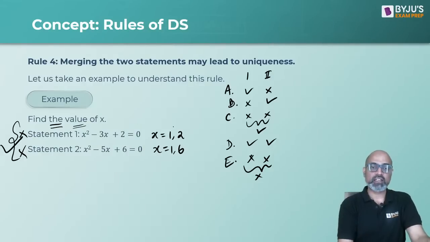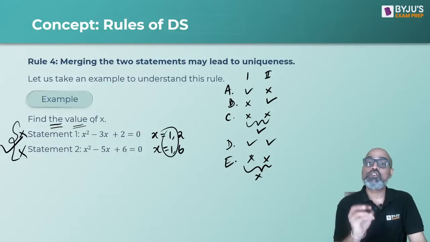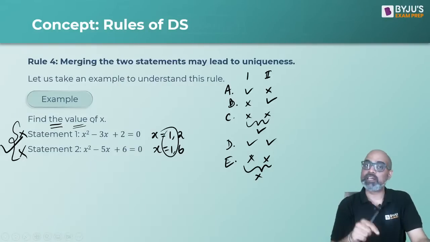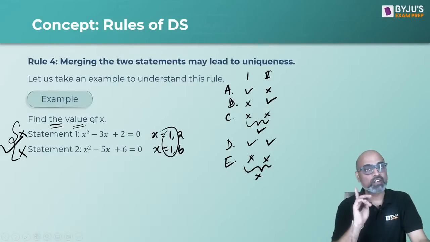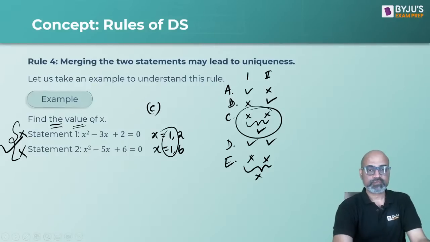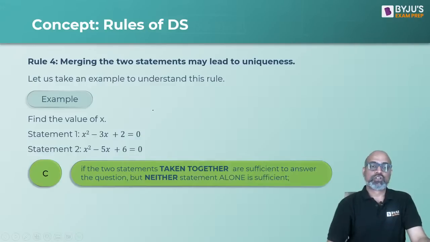So the value of x which satisfies statement 1 as well as statement 2 is 1. So there is one value. Since I am getting the answer only after combining, you will have to mark C. Okay? So the statements taken together are sufficient to answer, but neither statement alone is sufficient.